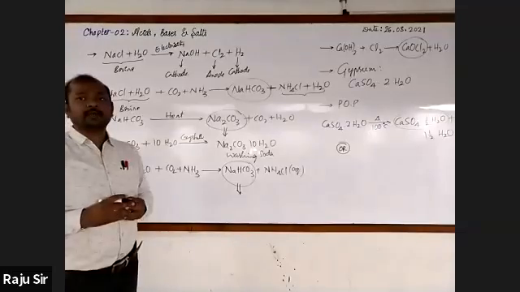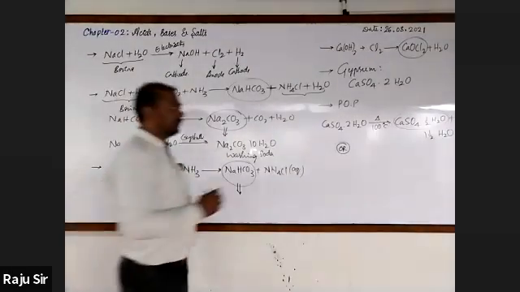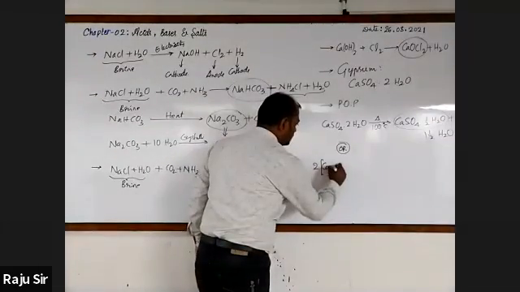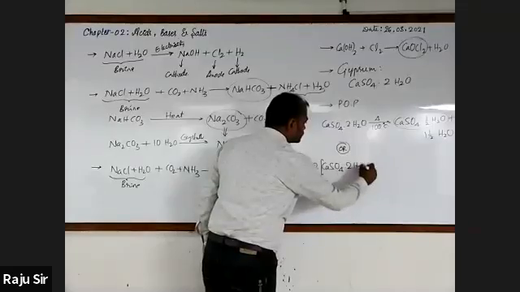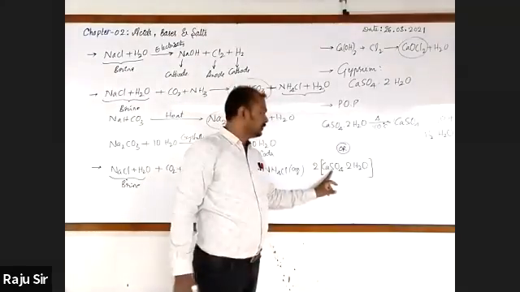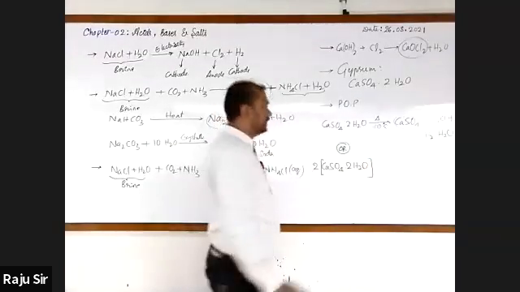What is the other way of writing this chemical equation in the preparation of POP? It is 2CaSO4·2H2O, which on heating gives 2 times calcium sulfate, then 4 H2O. You can also write it like this.